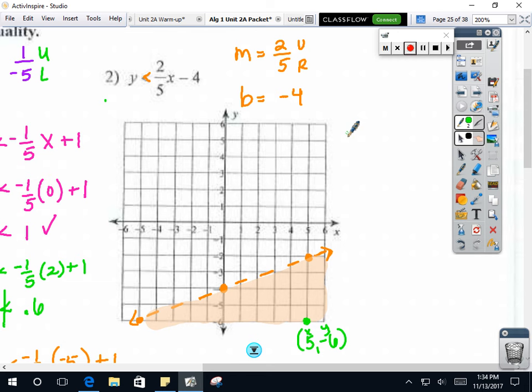So in this inequality, y is less than 2/5 x minus 4. In the y place, we plug in what? And then in the x place, we plug in what? Now I want you to simplify the right side so that we'll know if negative 6 is less than it.